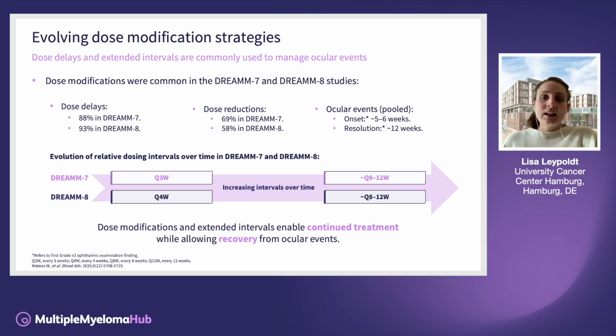If you look at how the dosing evolved in the DREAM7 and 8 studies, you can see that starting with the Q3 or Q4 weekly schedules, the dosing interval increased over time to 8 to 12 weeks in either study, and in DREAM8 even up to 16 weeks in some patients. This allows for the recovery of the ocular events.